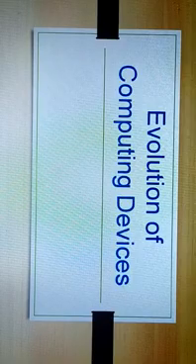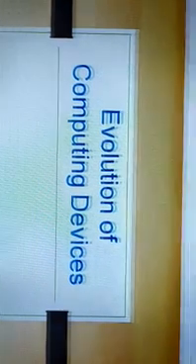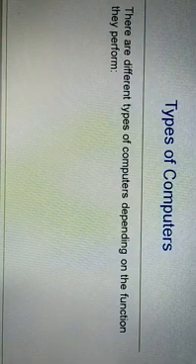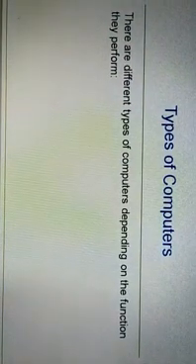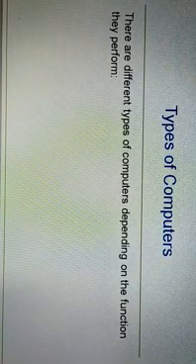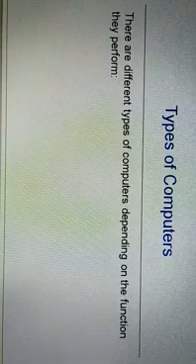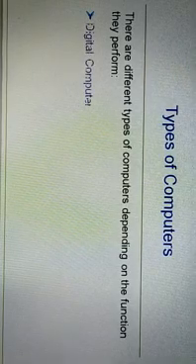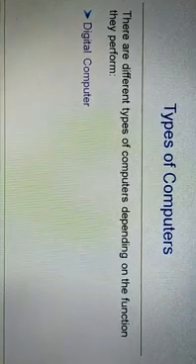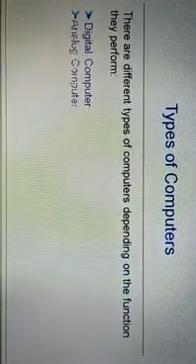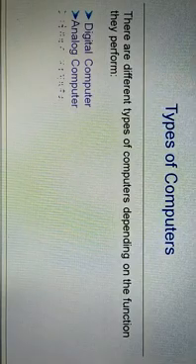Students, after the evolution of computing devices, we now focus on types of computers. There are different types of computers depending on the functions they perform, and they are digital computer, analog computer, and hybrid computer.